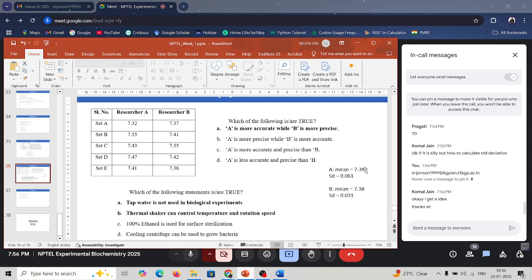So 7.39 minus 7.32, 7.35 minus 7.39. And for each of those, you have to square it. Then you take the square root, divided by the number of points that you are taking.